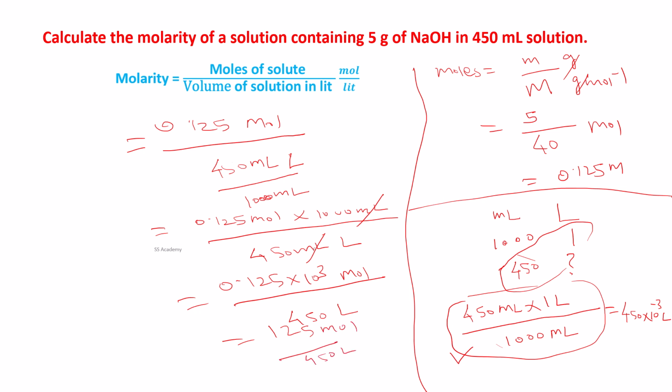If you divide 125 by 450, you will get 0.277. What is the unit? Mole. If liter comes here, it will become liter inverse. So now the molarity of 5 gram of sodium hydroxide in 450 ml is 0.277 mole per liter.